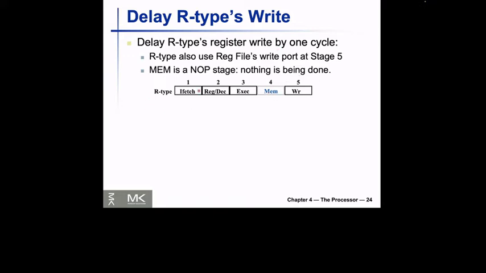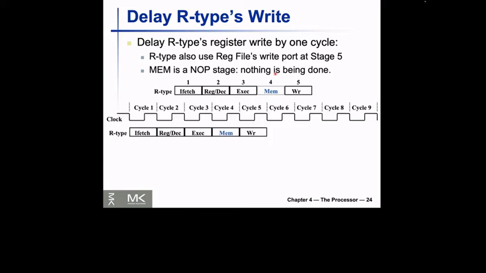But in fact, R-type doesn't need to access the memory. So this stage is like an idle stage. It needs to go through that stage, but it's doing nothing there.